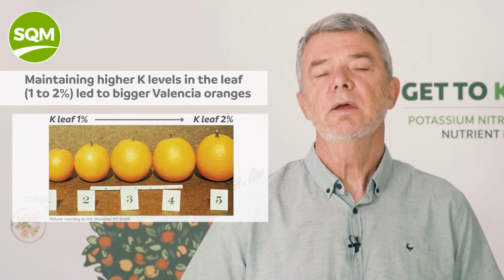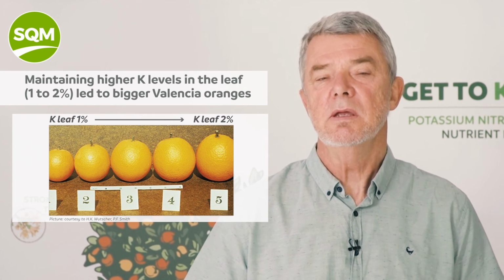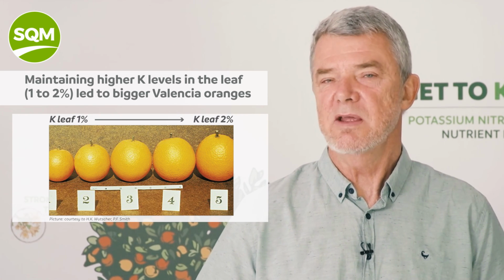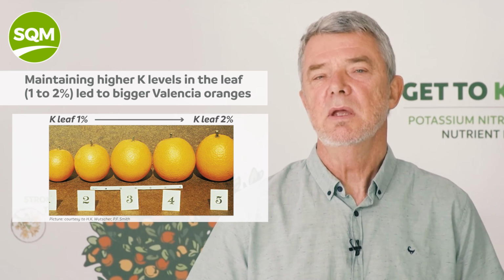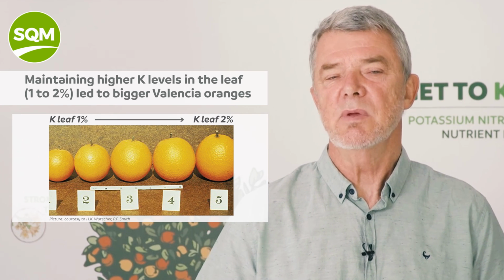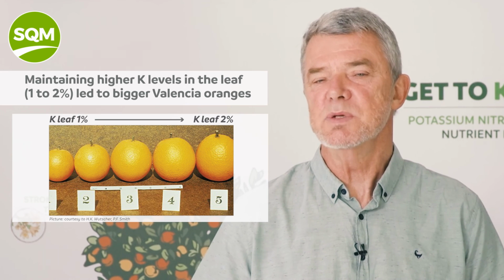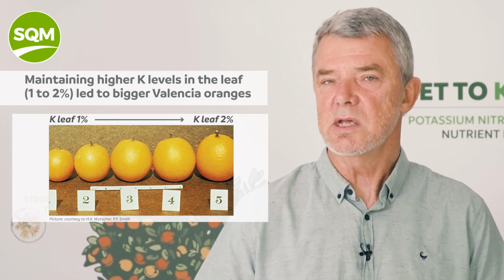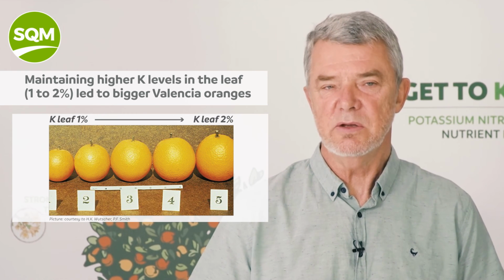This author and this publication showed the differences in foliar leaf levels, and they showed a range from foliar potassium at 1% up to foliar potassium of 2%, and they noticed that there was a definite increase in fruit size as the potassium of the leaf increased.